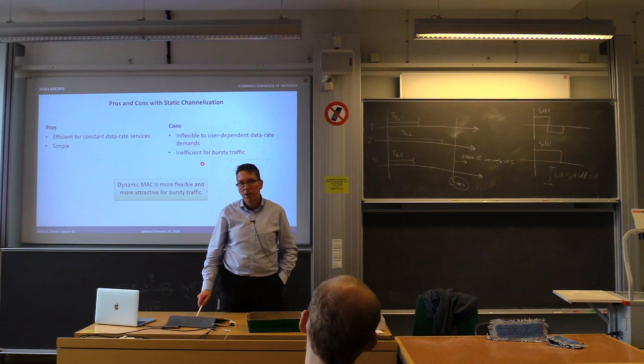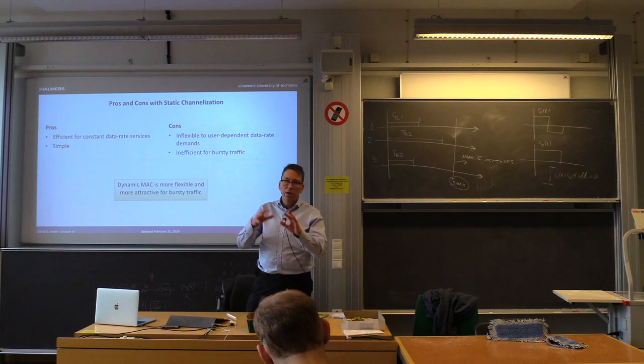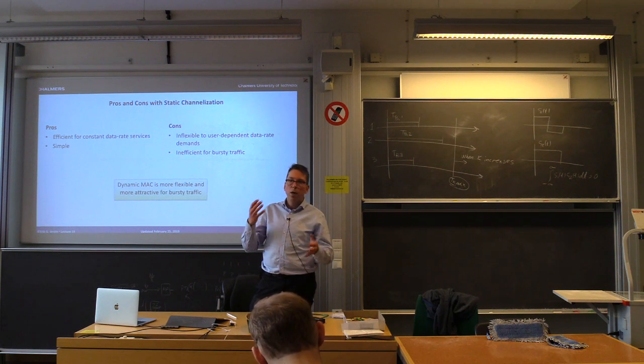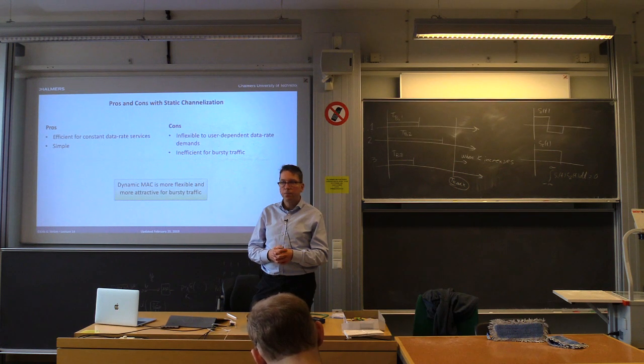We do it dynamically through one of the methods that we talked about earlier, either with this carrier sensing or some other scheduled controlled access. Okay, so any questions before we end today? No?